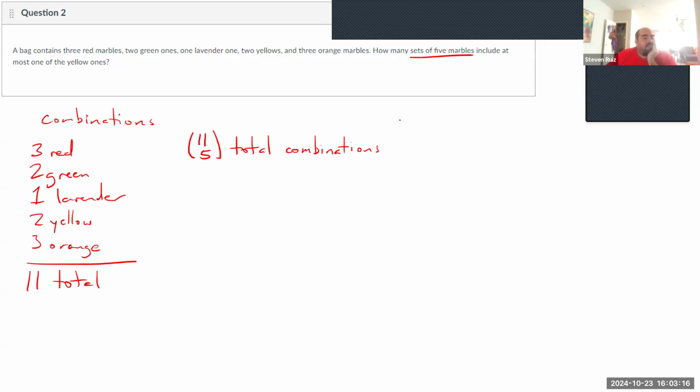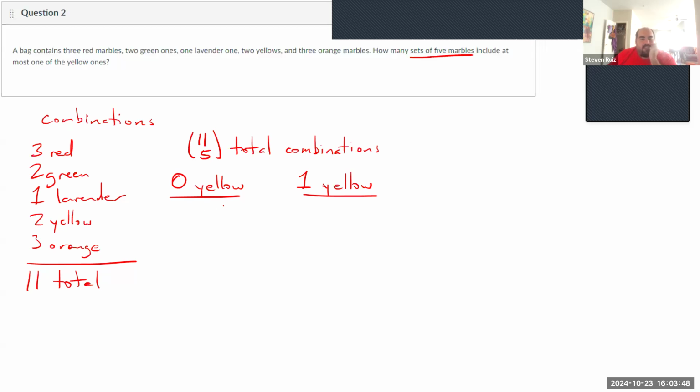There are a couple of different ways to look at this, and I'll work through both of them. At most one means I can look at two different scenarios. One is 0 yellow, and the other is 1 yellow. Since these are mutually exclusive situations, I can find the numbers of combinations and add them together.